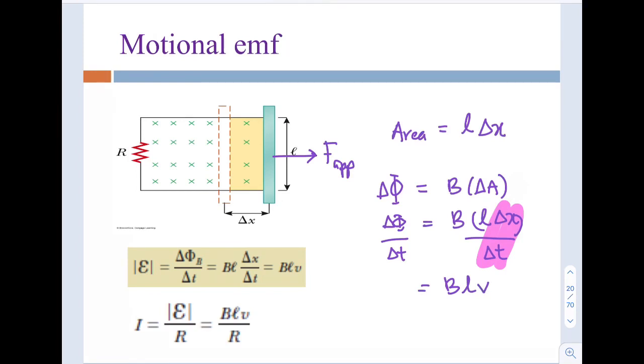That is how they figure out the formula for this situation. Then this is about Ohm's law: I is equivalent to delta V over R, and your delta V right now is BLV.